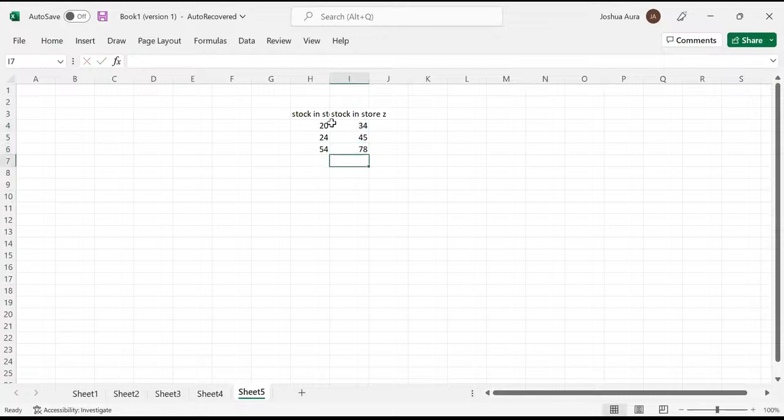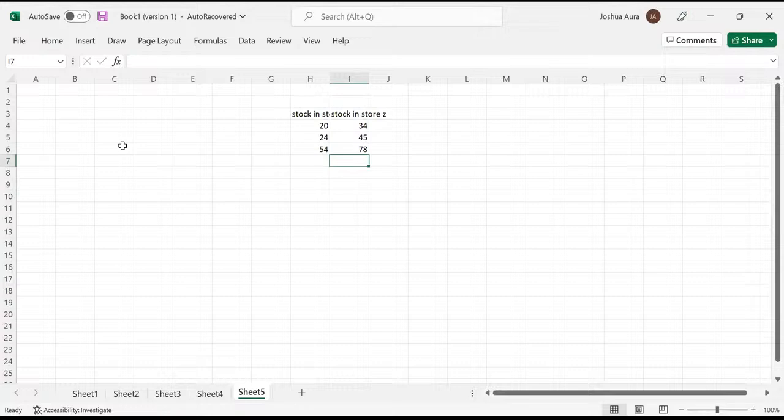And then the first thing that I realize here, ladies and gentlemen, is that I can't read my titles. So straight away, this stock in store Z, the sentence is bigger than the cell. When you realize that, as a good student of Excel, what you're supposed to do immediately as a warm-up, before I start showing you what I would want us to do today, is to highlight the entire Excel sheet.